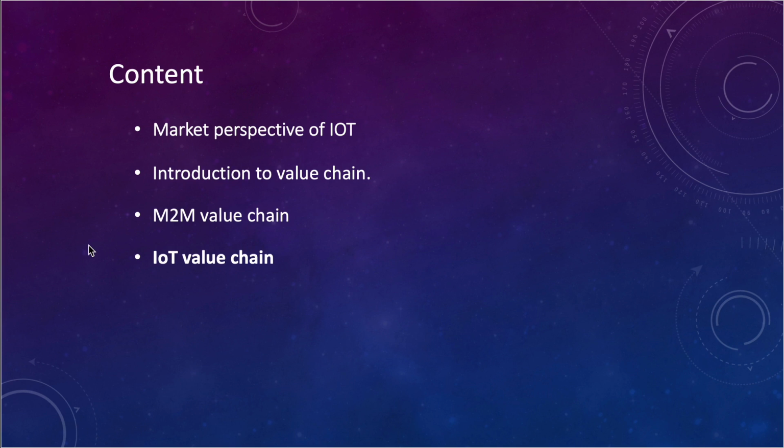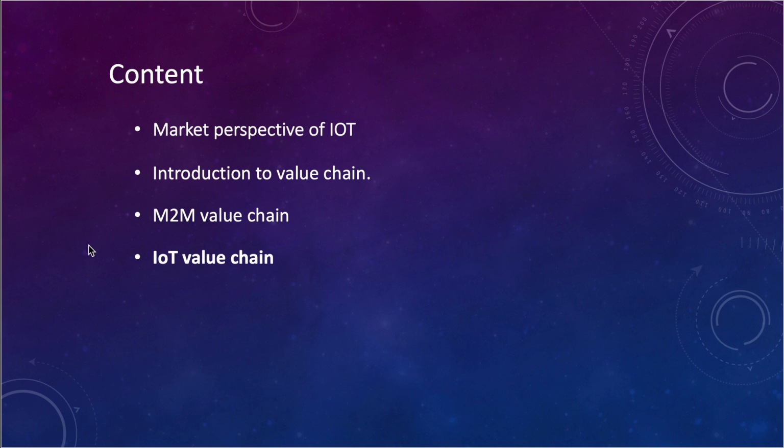Not only the market perspective of IoT, we are getting a small introduction to value chains, then M2M value chains and IoT value chains. We are not going to spend a lot of time on M2M value chains, because as we talked about before, M2M value chains are now becoming a part of IoT.